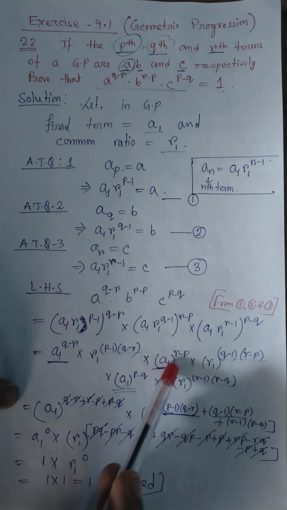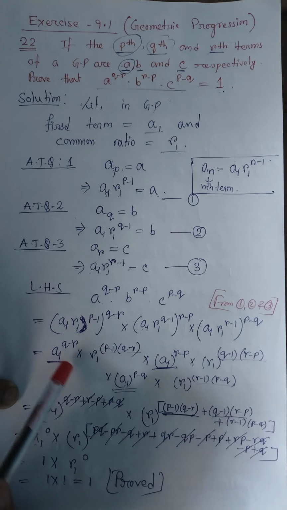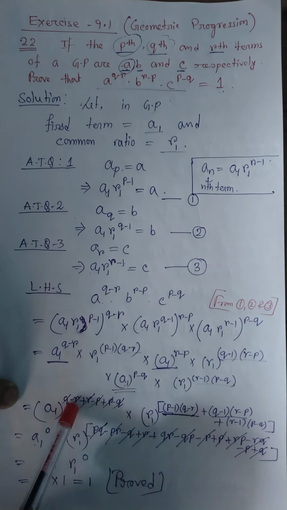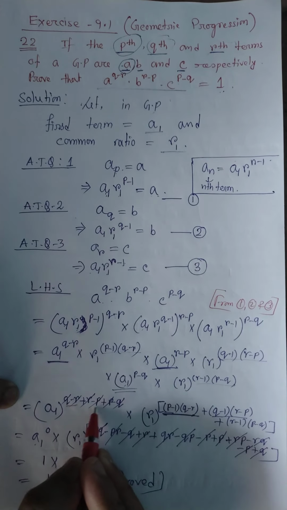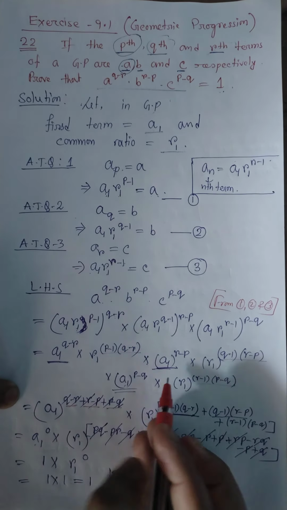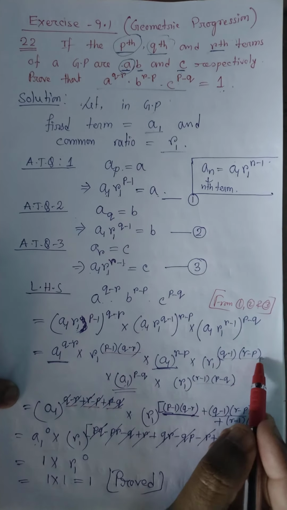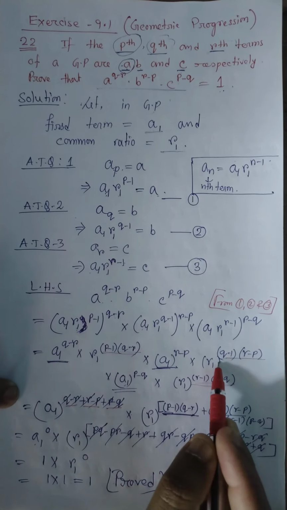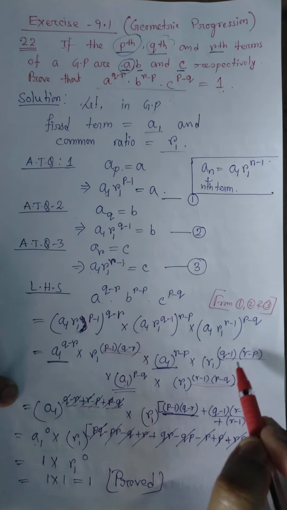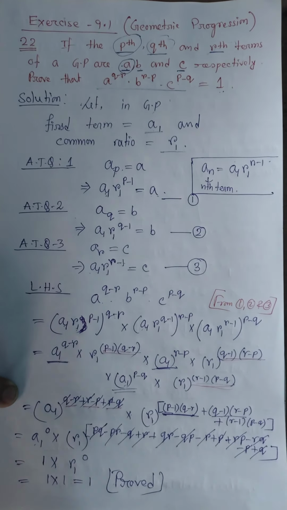If the base is the same and the power is different, that means the powers will be added. That means A1 to the power Q minus R plus R minus P plus P minus Q, into R1 to the power of these terms added. Base is the same, so the powers will be added.